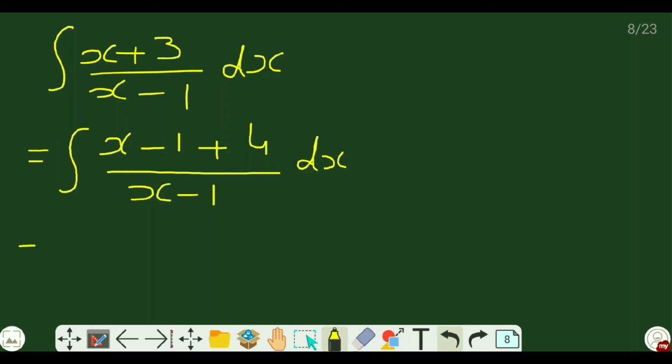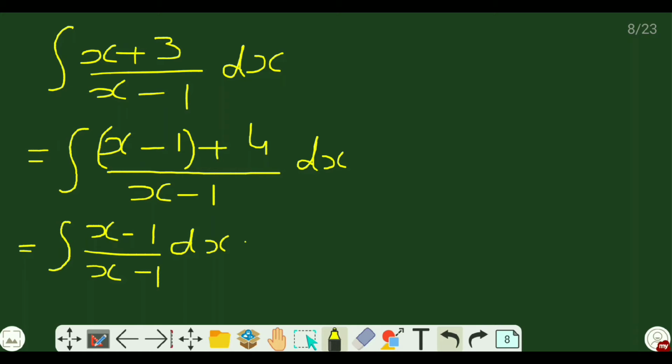Now in the next step, what is done is the separation of the two terms. See, this is one term and 4 is the other term. So we separate out both the terms like this. We get x minus 1 upon x minus 1 as one integral, and the other integral becomes the integral of 4 upon x minus 1 dx.